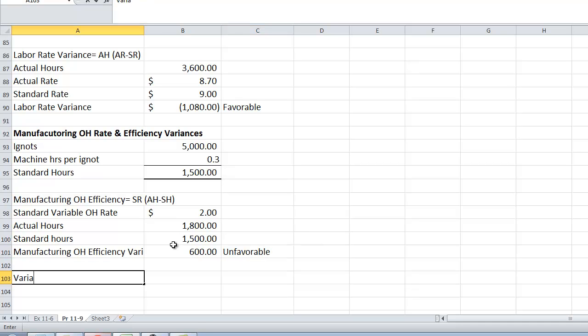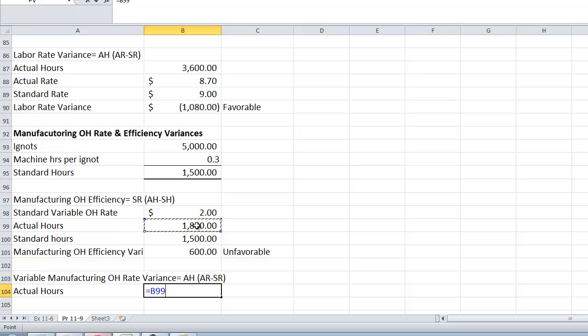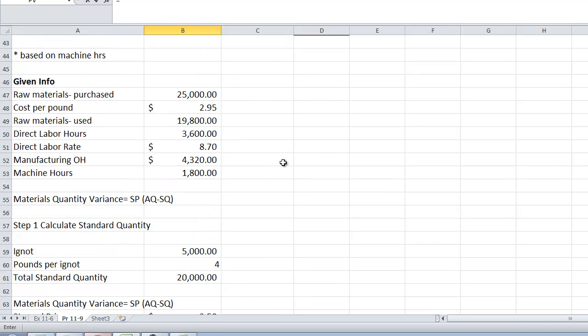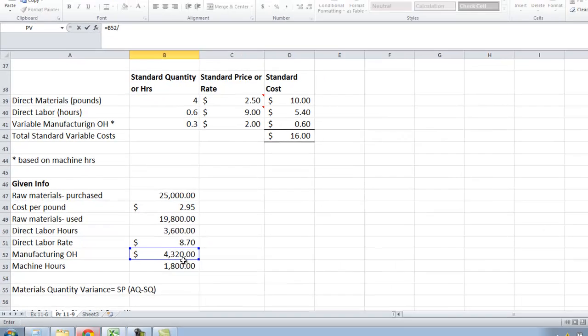And then our variable manufacturing overhead rate variance equals actual hours times actual rate minus standard rate. So calculate this. Actual hours equals 1,800. Actual rate equals manufacturing overhead divided by the actual hours.